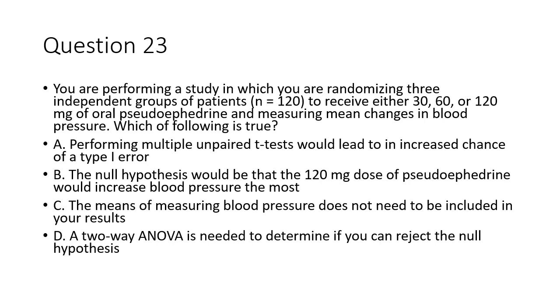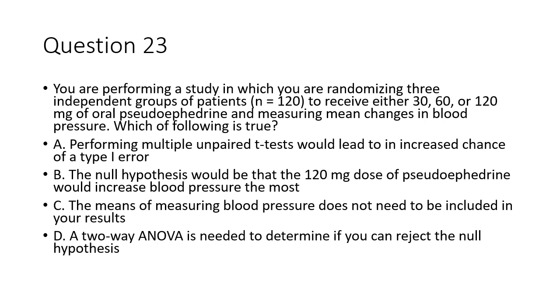B, the null hypothesis would be that the 120 milligram dose of pseudoephedrine would increase blood pressure the most. C, the means of measuring blood pressure does not need to be included in your results. Or D, a two-way ANOVA is needed to determine if you can reject the null hypothesis.